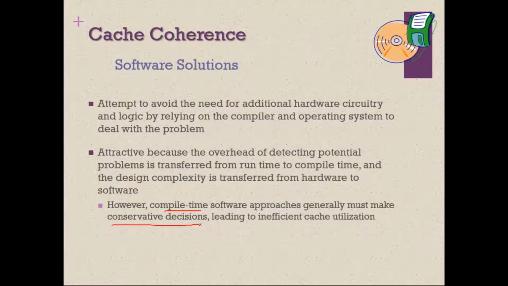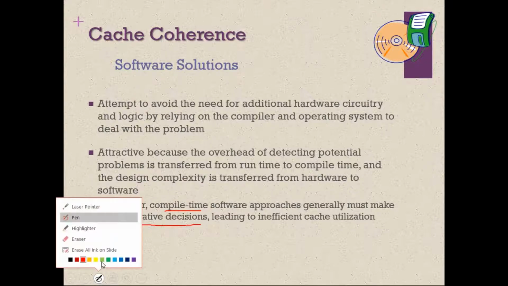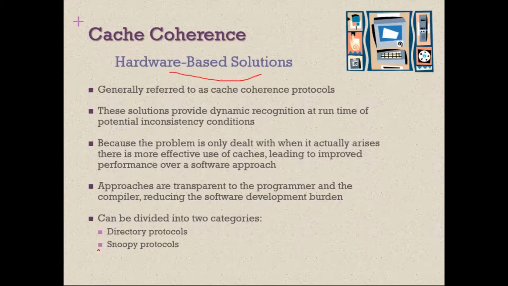Conservative decisions means it makes some assumptions, and based on that, it works. It cannot work dynamically, because compile time is compile time, it is not runtime. It is before execution time. So there is no question of any dynamic behavior here. So to be frank, it cannot effectively handle the cache coherence problem. So this is the drawback with the software based approach.